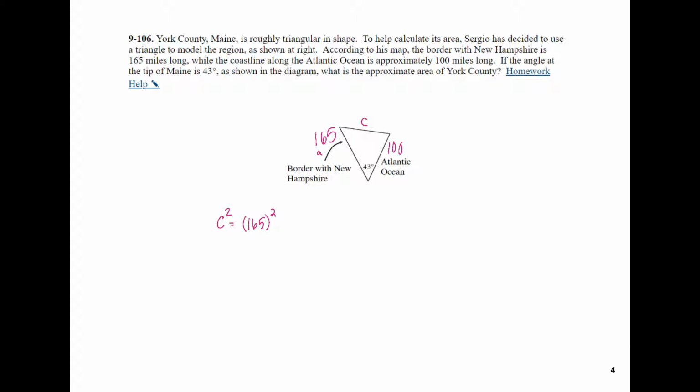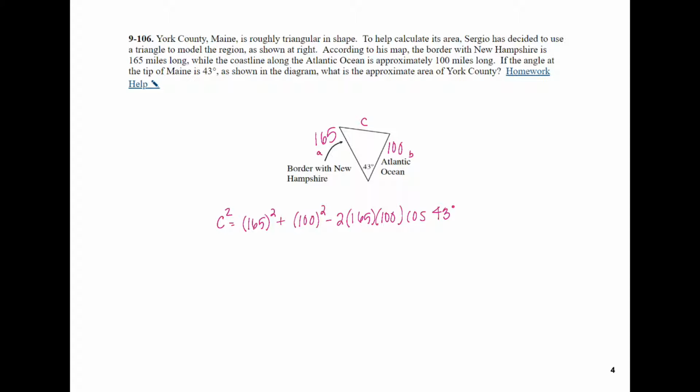So we'll say this is A, this is B, plus B squared, so 100 squared, minus 2 times A times B times the cosine of 43 degrees.